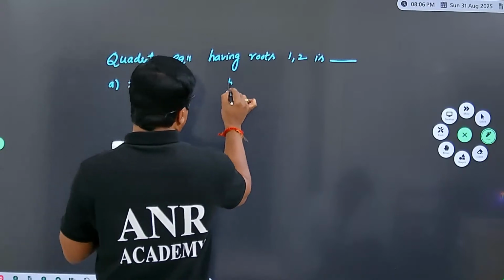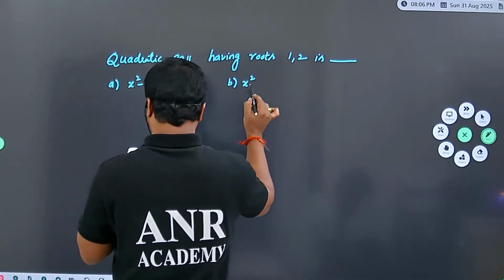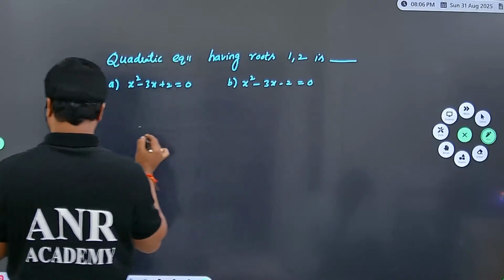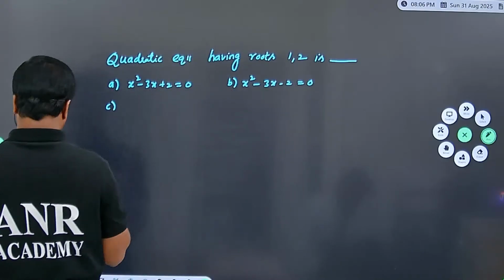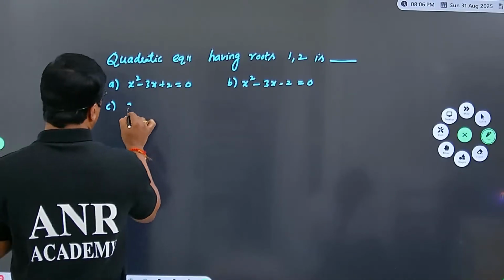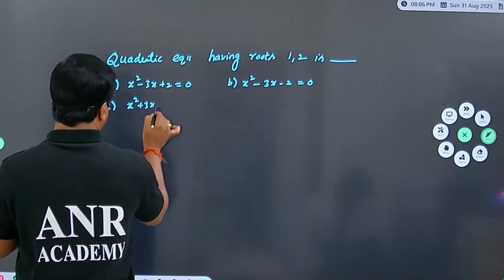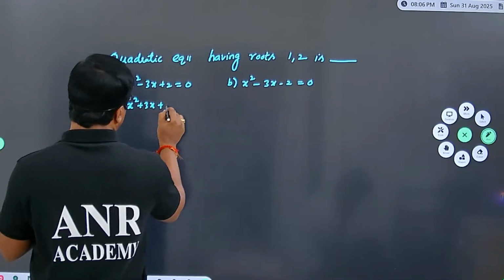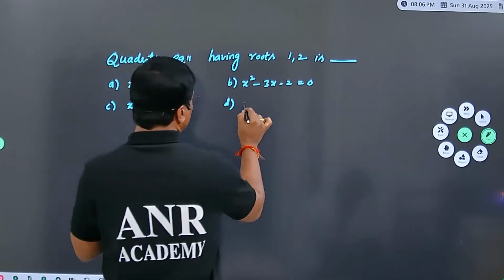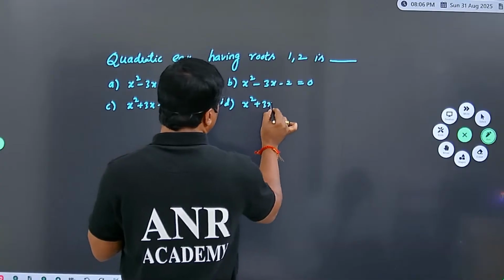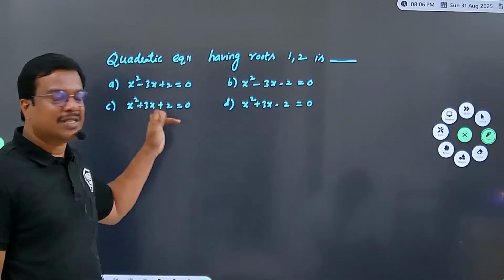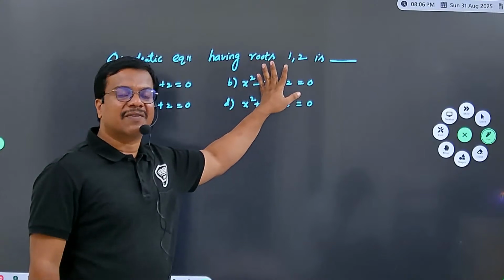Second option x square minus 3x minus 2 equal to 0. Option C x square plus 3x plus 2 equal to 0. Option D x square plus 3x minus 2 equal to 0. The quadratic equation whose roots are given as 1 comma 2.